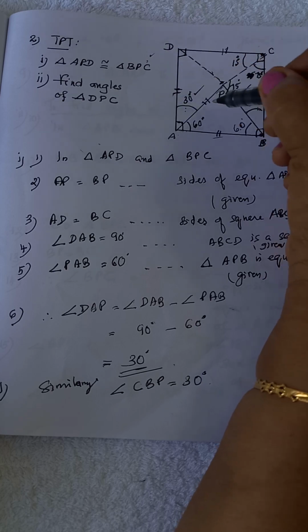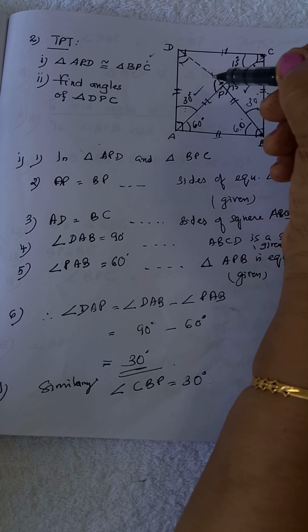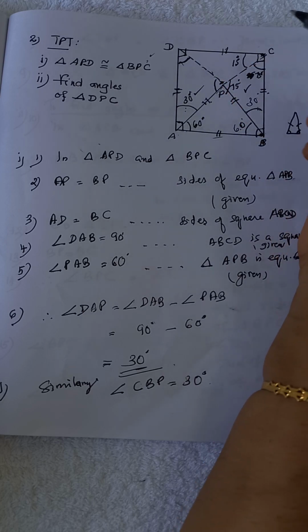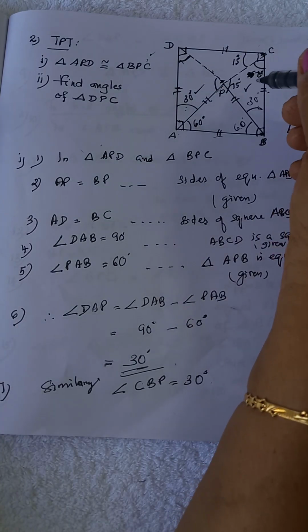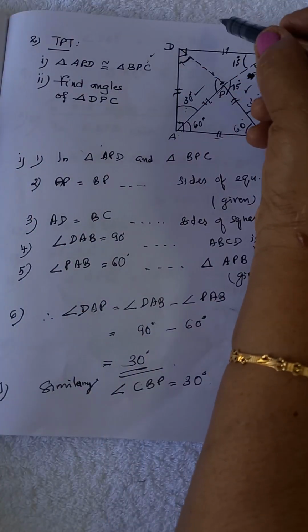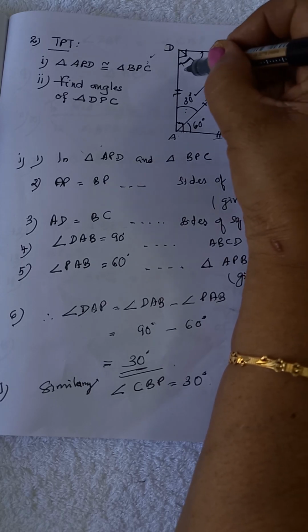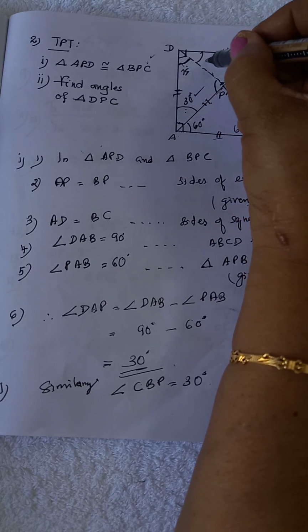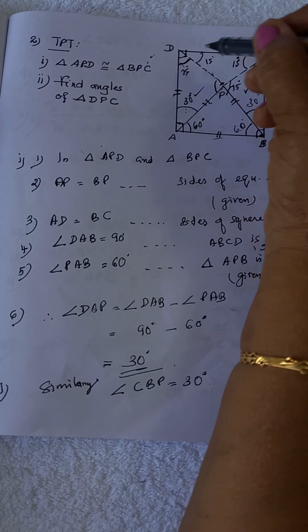So these two sides equal means these two angles are of the same measurement. So what is that measurement? Angle PDC is 90 degree minus 75 degree, so this also will be 15 degree.